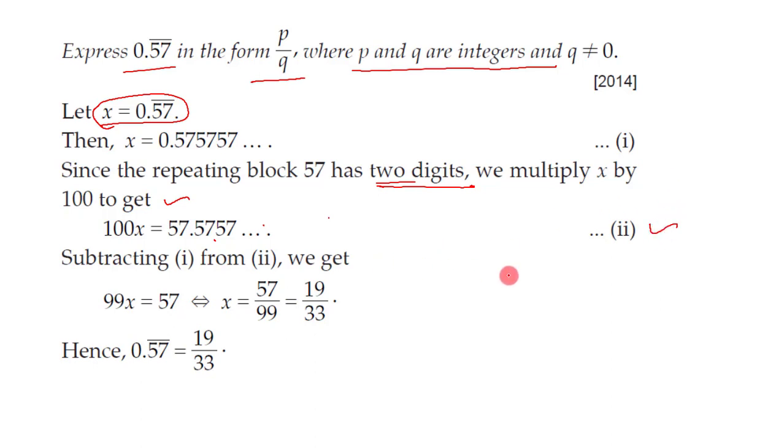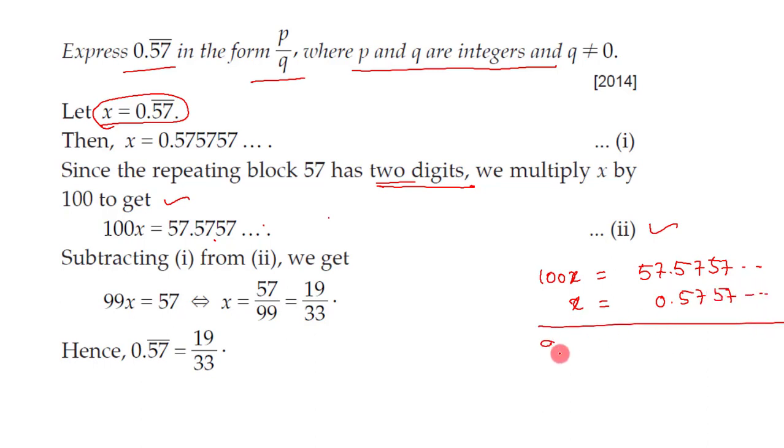On subtracting the first equation from the second equation, we have the second equation as 100x is equal to 57.5757 and so on, and the first equation as x is equal to 0.5757 and so on. On subtracting, you get 99x is equal to 57. From this, x is equal to 57 by 99.